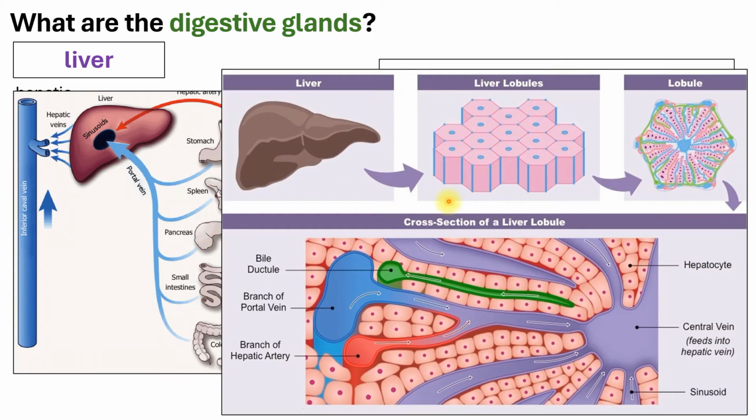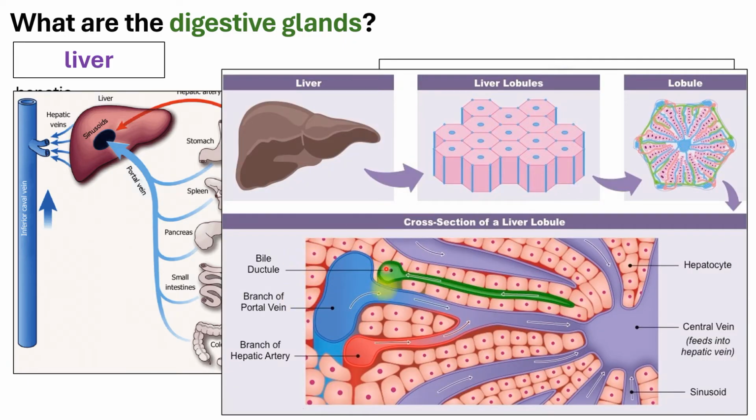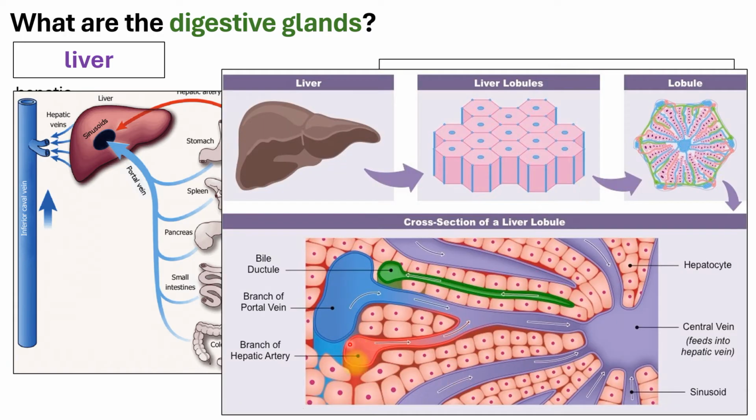So another schematic diagram here, you would see the liver lobules. Okay? So these liver lobules would have a centrally located central vein. From the edges here is where your portal vein, your bile duct, and your hepatic artery are located.